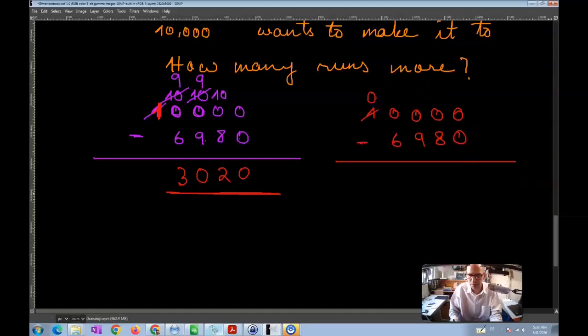It has to become a 10 because of the reasons we just mentioned here. So a 1 comes to the next place value to the right, it becomes a 10.